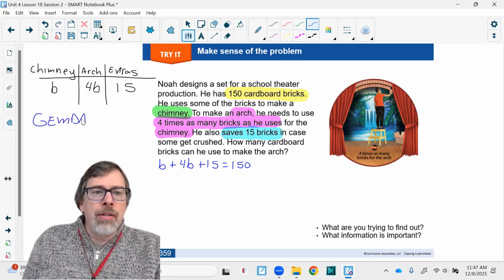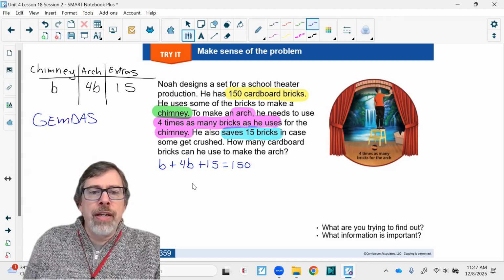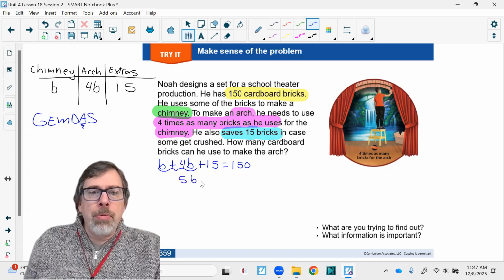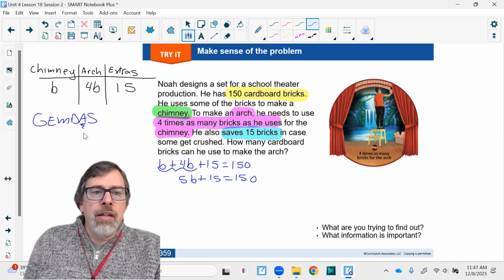Okay, GEMDAS is order of operations and simplifying expressions. And we have addition. We can add B and 4B, which would give us 5B plus 15 equals 150. And that was the only step, so that's done. And now we would write SADMEG.